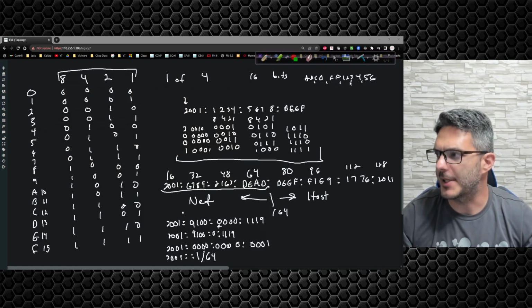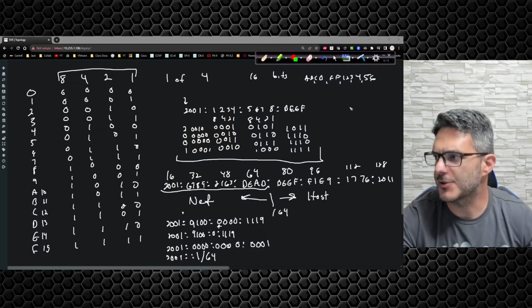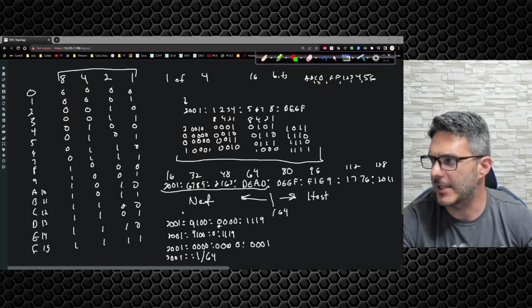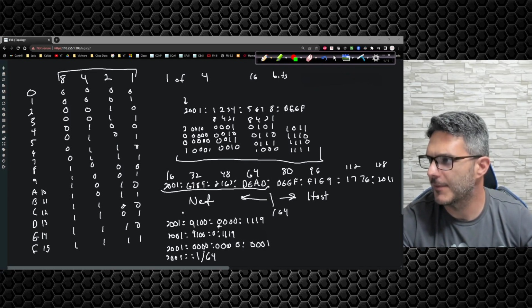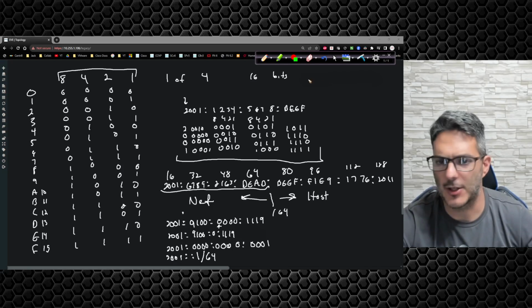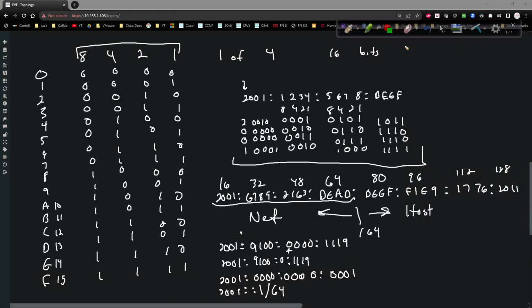So what'll end up happening is you'll take your MAC address, your AB, and let me actually rewrite this so it's easier to understand. So you'll take your A, B, C, D, E, F, 1, 2, 3, 4, 5, 6.